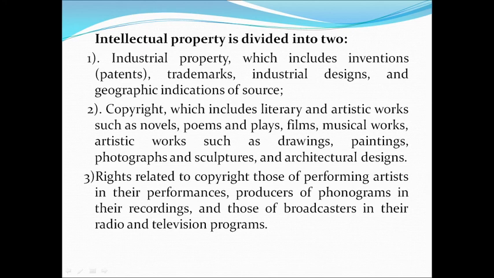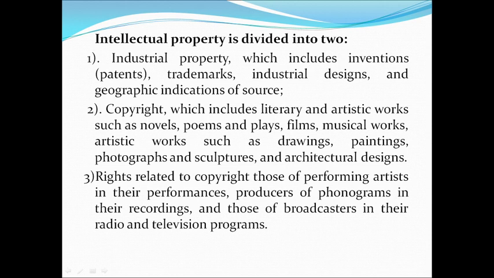Now, intellectual property is going to be divided into two, that we know very well: industrial property and copyright. So what is industrial property? It includes inventions like trademarks, patents, industrial designs, and geographical indications of source. Next, copyright, which includes literary and artistic works such as novels, poems, plays, films, musical work, artistic work such as drawings, paintings, photographs, sculptures, and architecture.